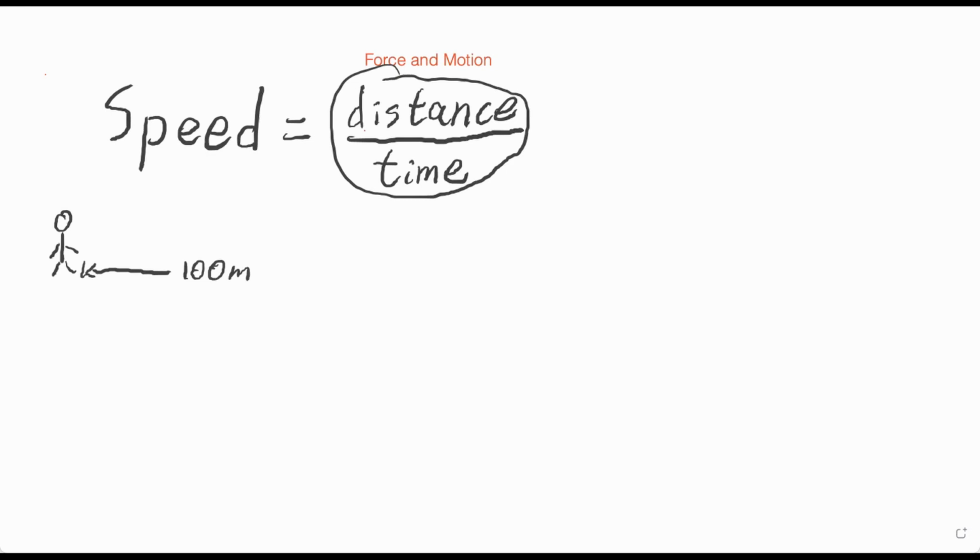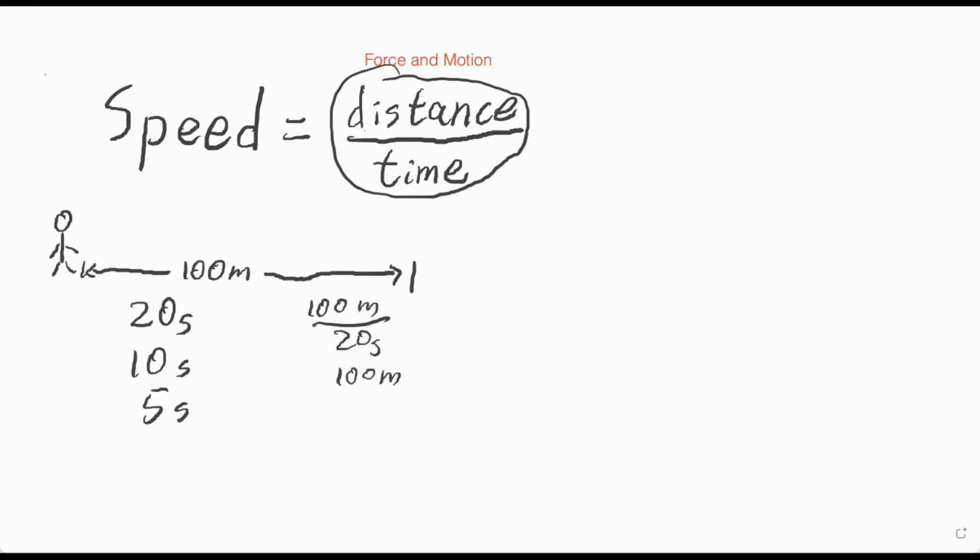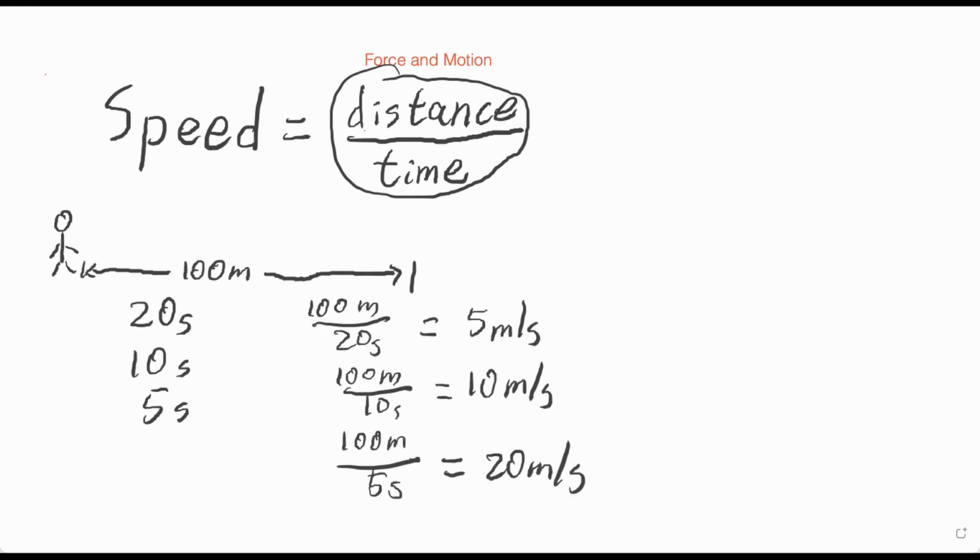If another runner covers this distance in 20 seconds, a third runner in 10 seconds, and one in 5 seconds, then the speed of each of them would be 100 meters divided by 20 seconds, 100 meters divided by 10, and 100 meters divided by 5 seconds, which would equal 5 meters per second, 10 meters per second, and 20 meters per second.